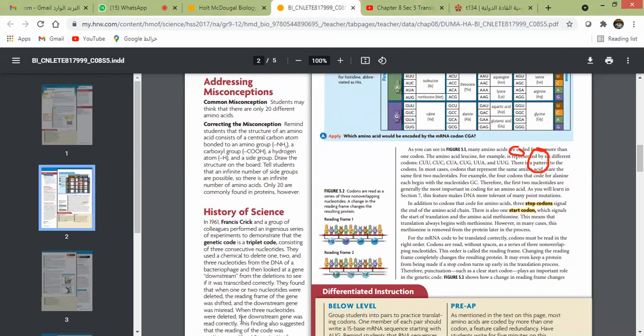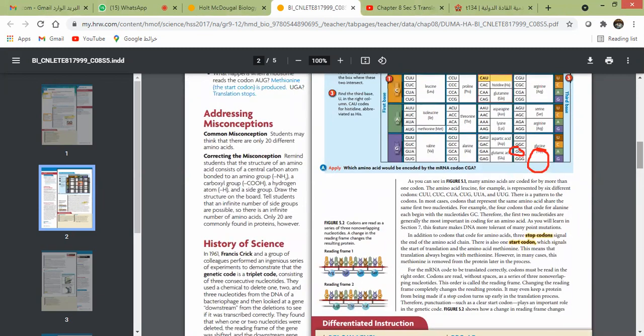Now there is something you have to know: when I have a translation, there has to be a stop codon and a start codon. The stop codon signals the end of the translation, and the start codon signals the start of the translation.